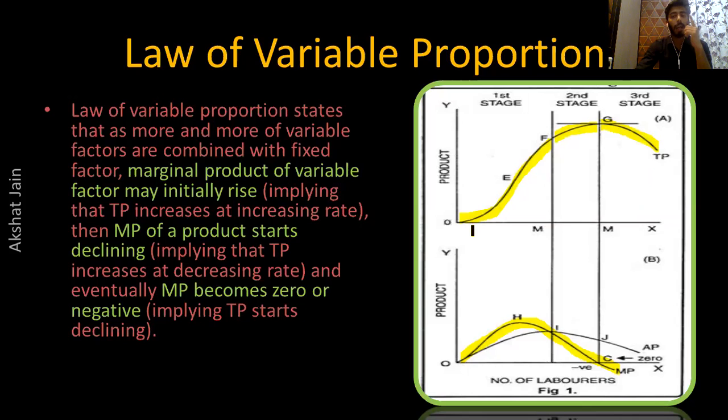That means with every additional unit of labor, the marginal product tends to fall or become negative. So basically there are three stages in the law of variable proportion. First stage when TP increases at increasing rate, second stage when TP increases at decreasing rate, and the third stage when TP starts falling.